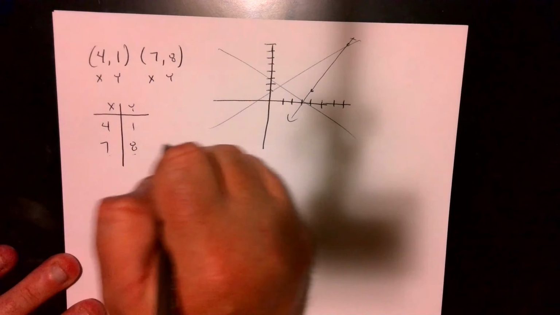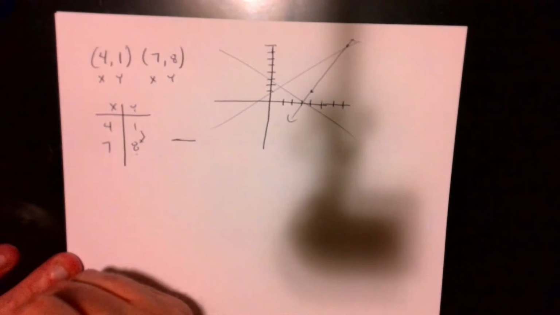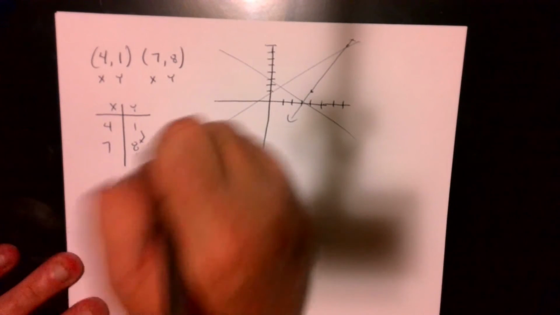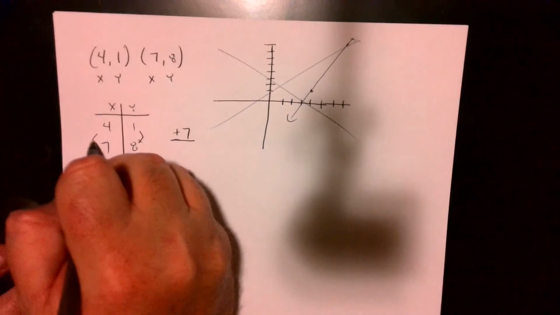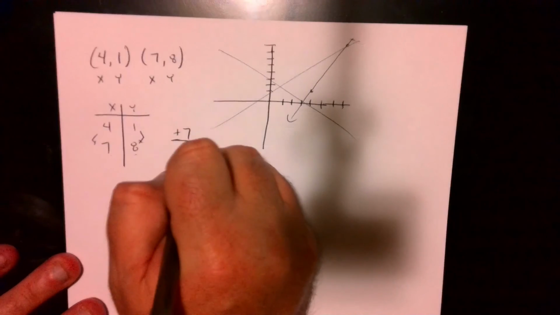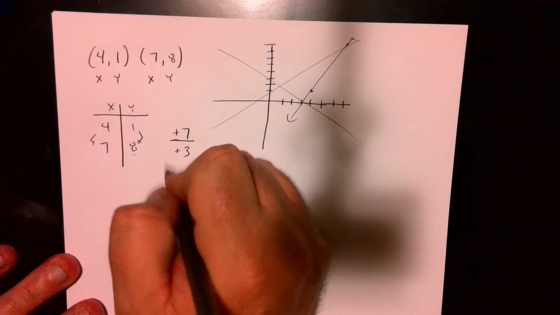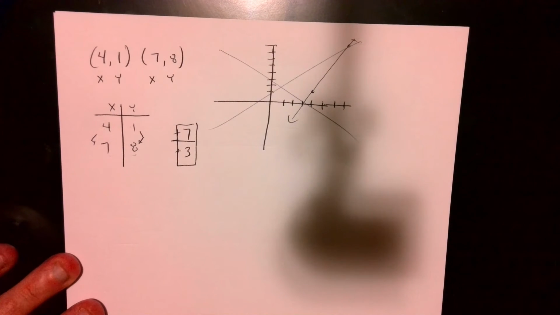And then just do our change in y over change in x. From 1 to 8, we're getting bigger, we're adding 7. So positive 7. And from 4 to 7, we're getting bigger, we're adding 3. So positive 3. Positive over positive is still a positive, and our slope is simply 7 over 3.